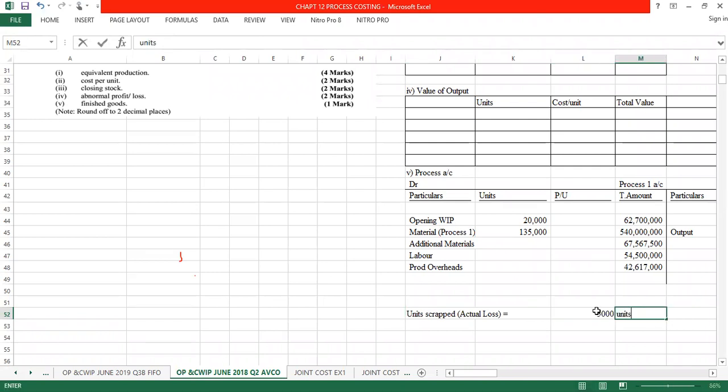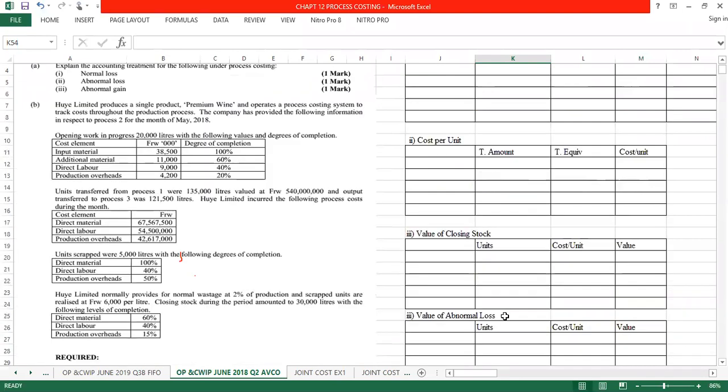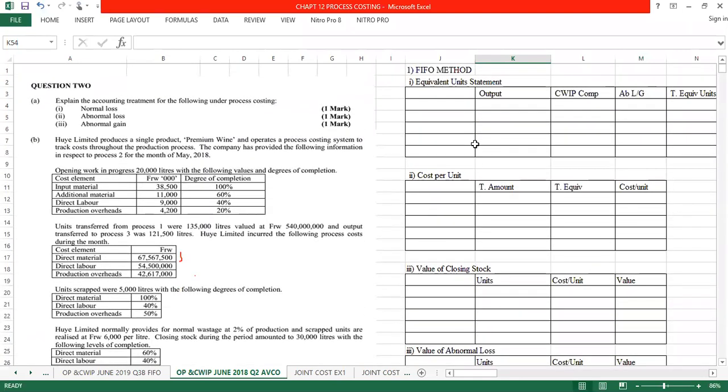Units scrapped, which is actual loss, is 5,000. We will need it maybe somewhere.